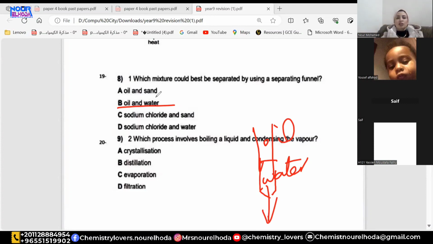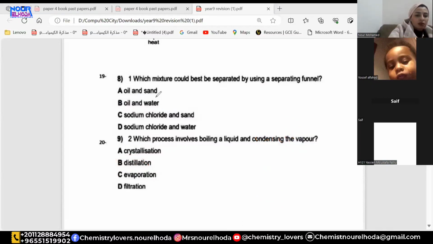Next: what is the process by which you boil and then condense the vapor? I'm going to use distillation, because when you do evaporation then condensation, this is distillation.